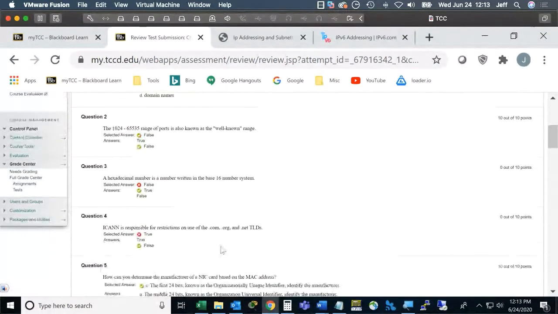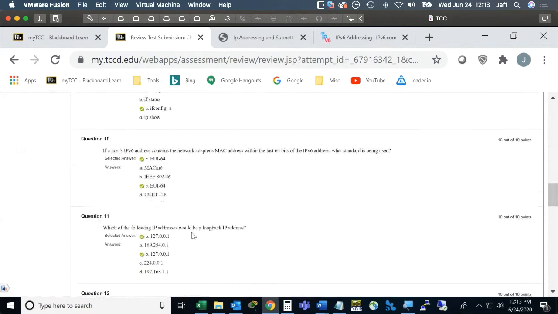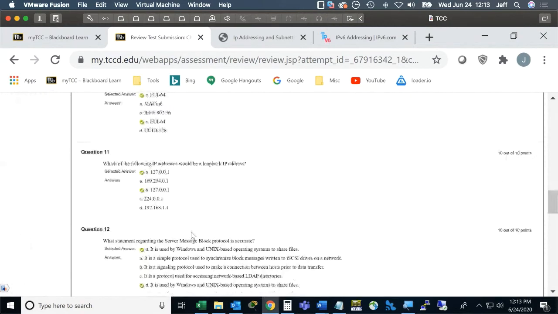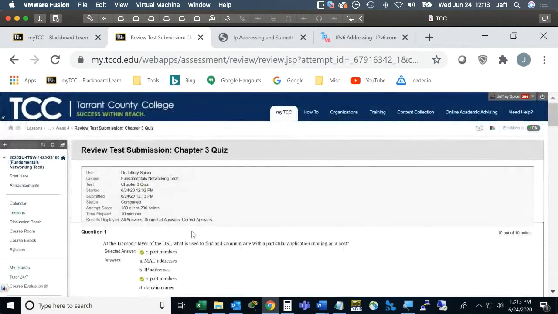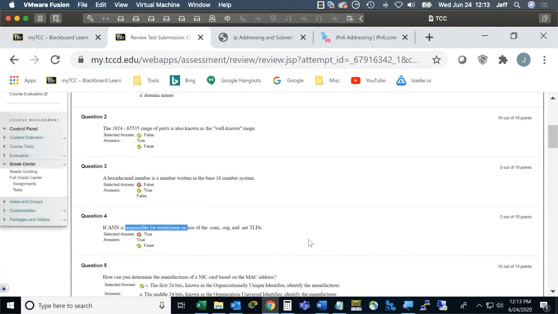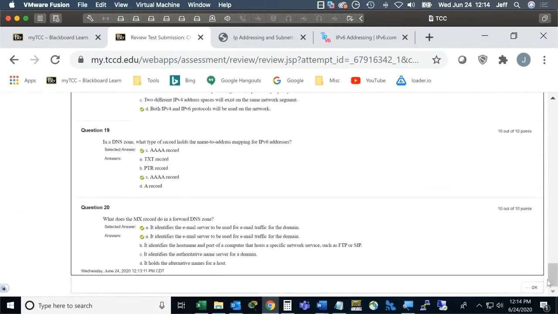And the ICANN is false. For restrictions on use. Huh, all right, I'll have to look at that. Okay, so we were right on all the others. All right, nice. Not too bad. Not too bad.